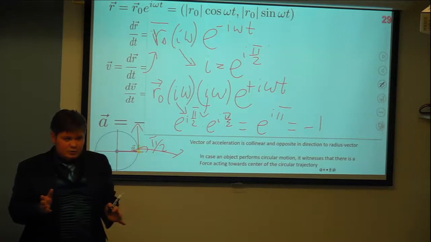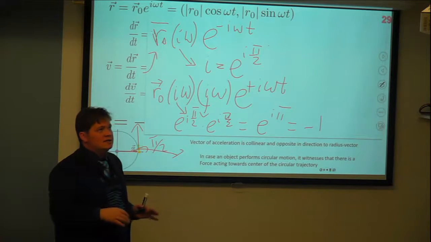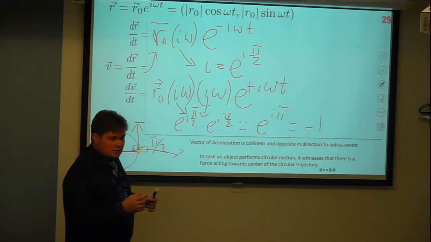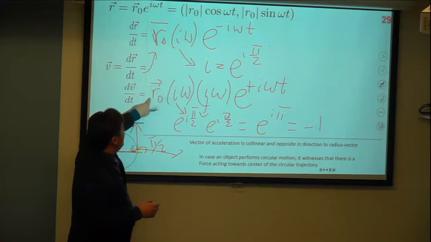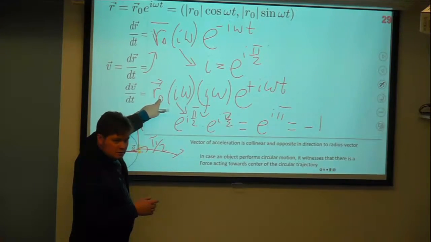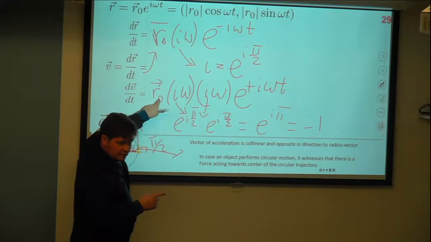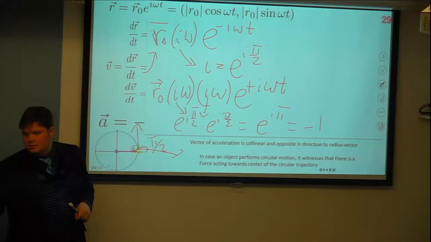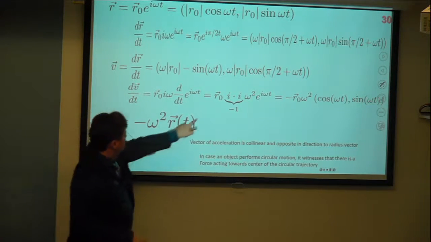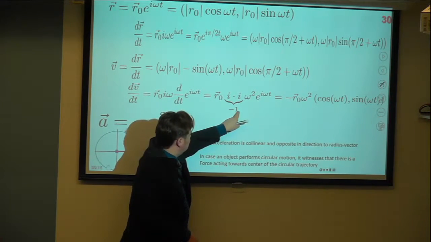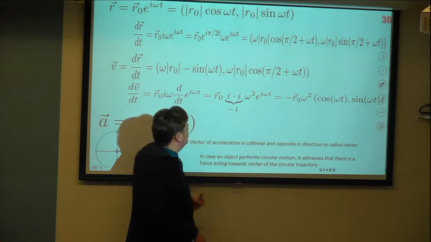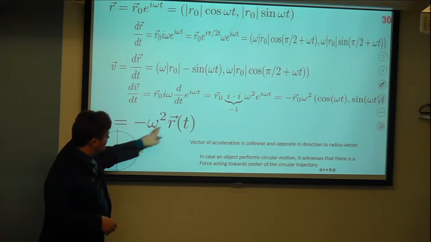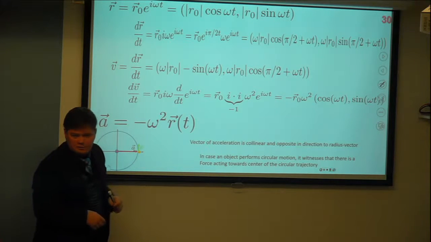So we mathematically prove, not as hand-waving arguments, that acceleration will be parallel to the distance vector, but oriented to the negative side. i times i is minus 1, and there is an omega squared because of this derivative. So acceleration is negative with respect to position.